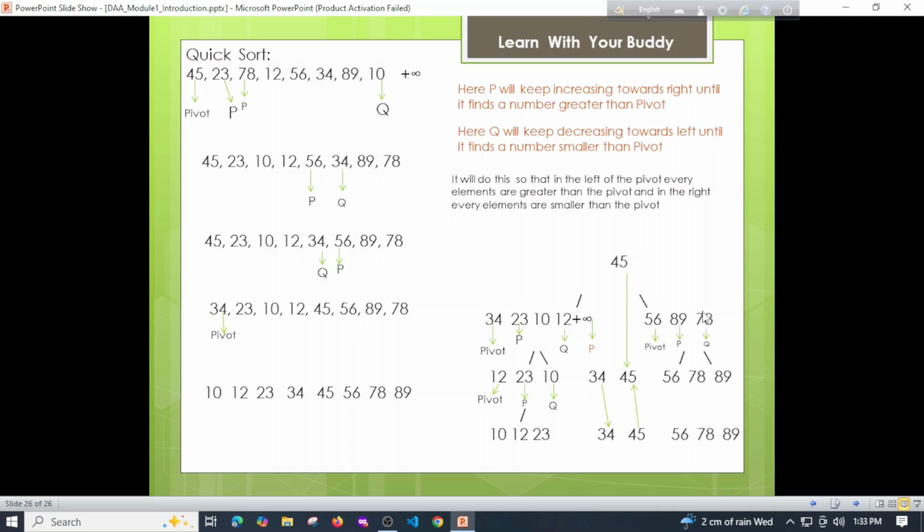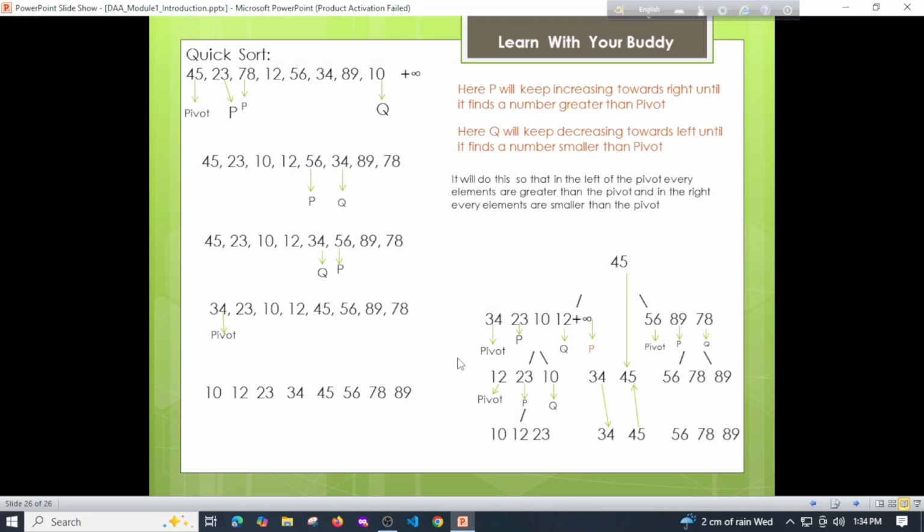Is Q smaller than the pivot? No. Is 89 smaller than the pivot? No. Is 56 smaller than the pivot? Yes. So now they will swap their places. That's how these will be 56, 78 and 89, and this will be the last index.